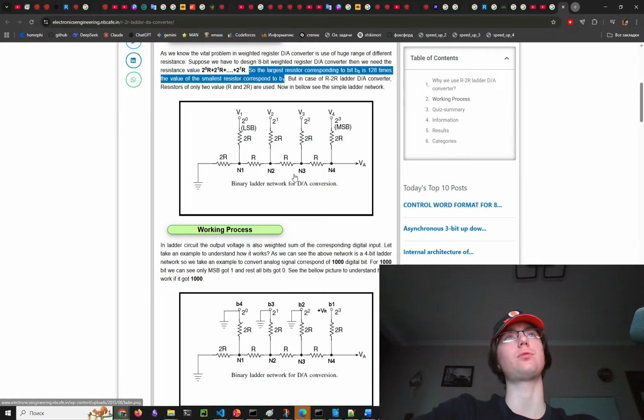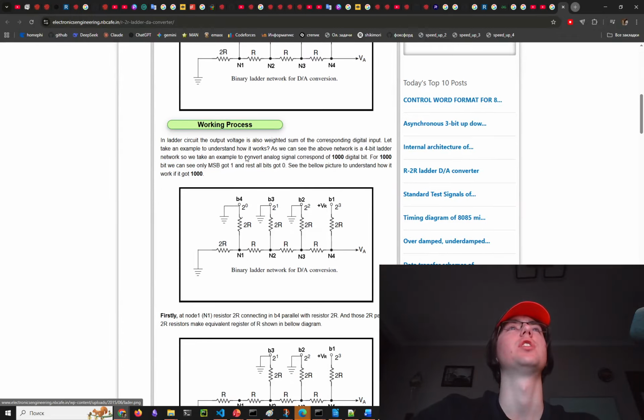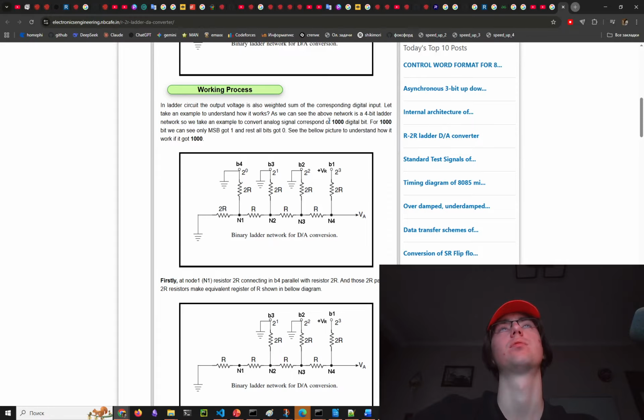Okay, so we see it. Binary ladder network for DA conversion. In the working of the ladder circuit, the output voltage is a weighted sum of the corresponding digital input. Let's take an example to understand how it works. For a 4-bit ladder, we convert an analog signal corresponding to the digital bits 1000.